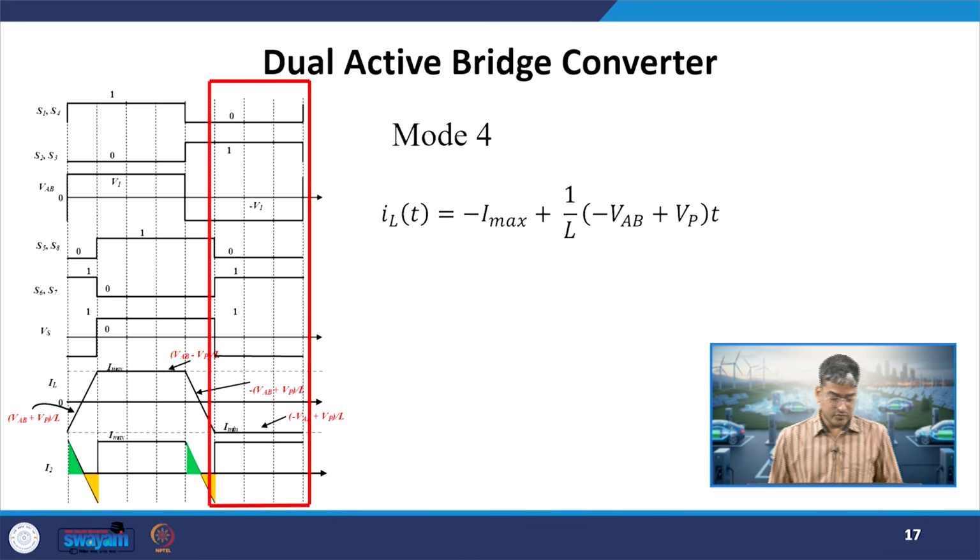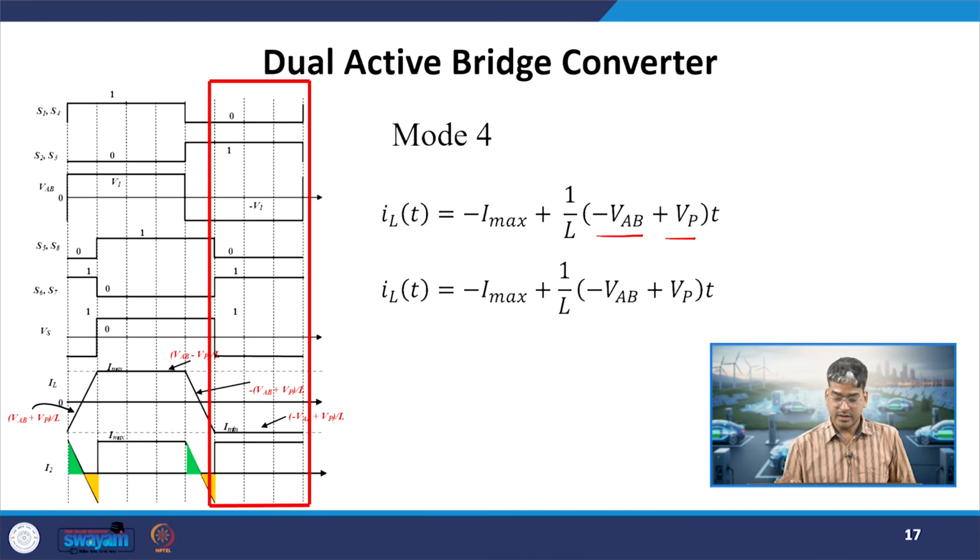Now in mode 4. So in mode 4 what will happen? Now the voltage across the inductor will be minus VAB plus VP, and the slope of the line will be (minus VAB plus VP) by L, where these two will be cancelling out each other, and we will be left with 0 if we have nominal loading condition. So, the current will be maintained at a constant value, that is at minus I max in this mode 4.